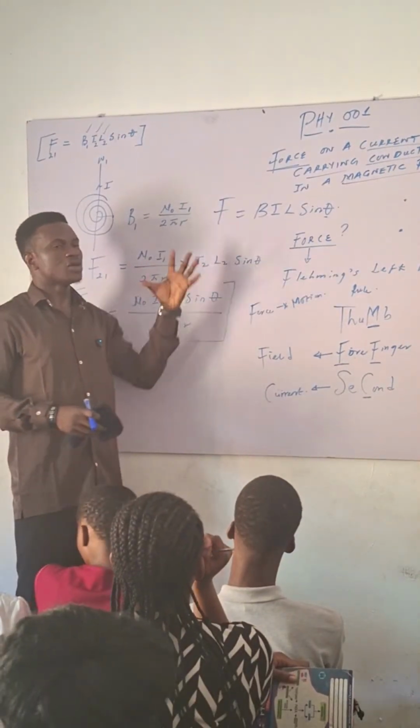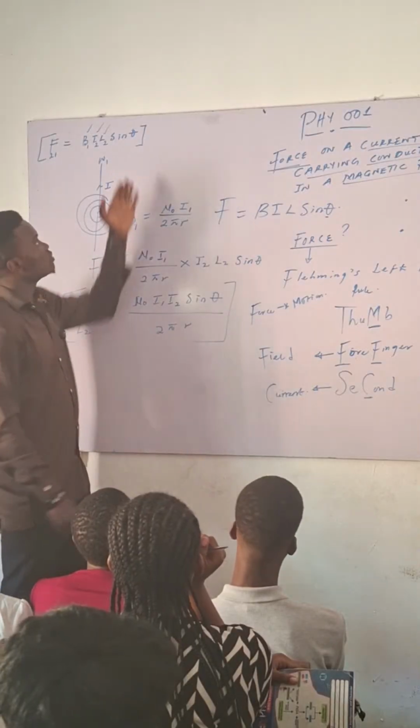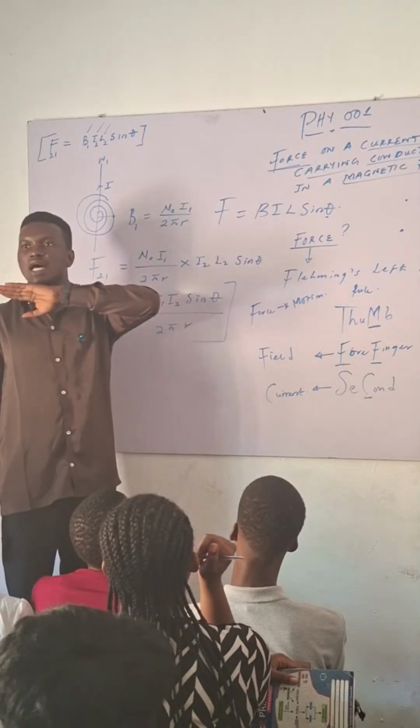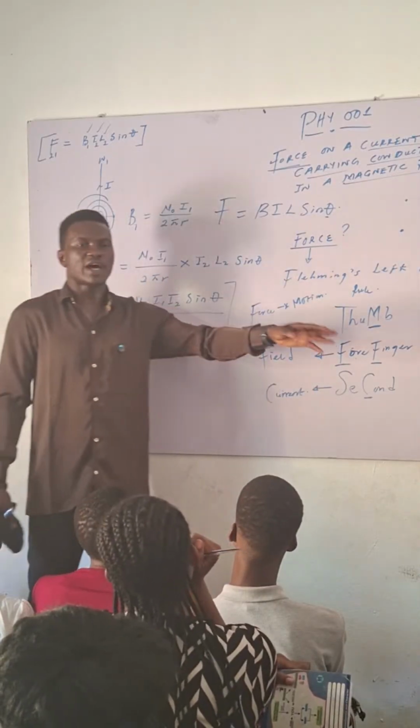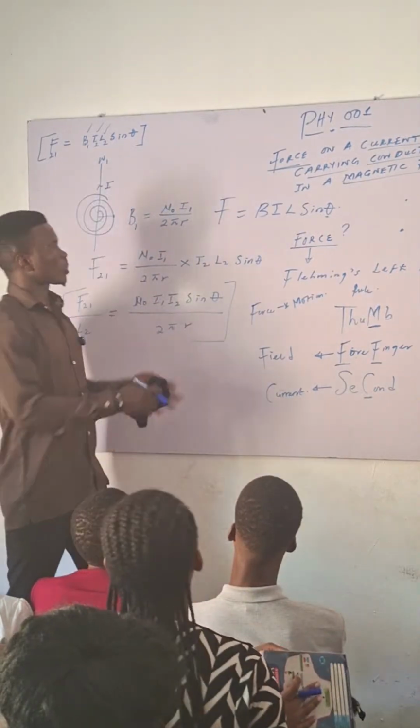Now, this is the formula you need to know for that. Before I talk about this, you should know that they can ask you, and this is common sense, if the field and the wire are parallel to each other, what will be the force?